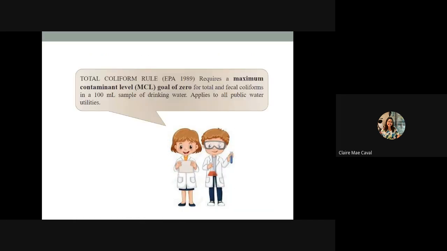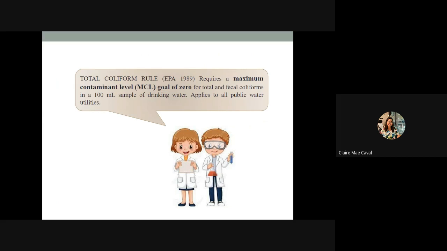So lastly, the total coliform rule requires not just total coliform, but fecal coliform and E. coli as well. It requires a maximum contaminant level goal of 0 for total and fecal coliforms in a 100 ml sample of drinking water, and this applies to all public water utilities. Meaning it should be 0 or no growth in order to pass.